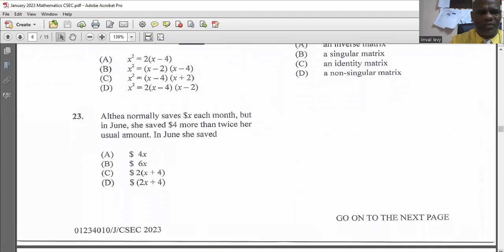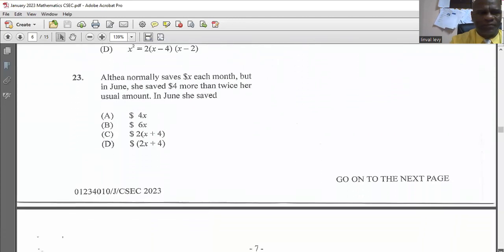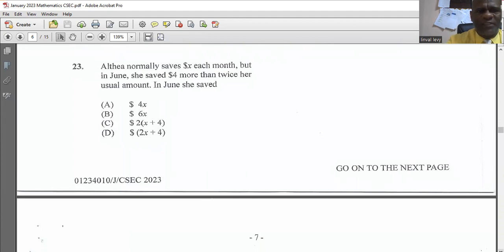Alright, so let's do number 23. Althea normally saves X dollars each month, but in June she saved $4 more than twice her usual amount. In June she saved what?